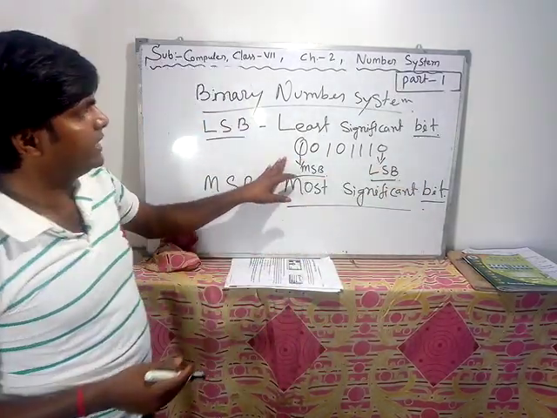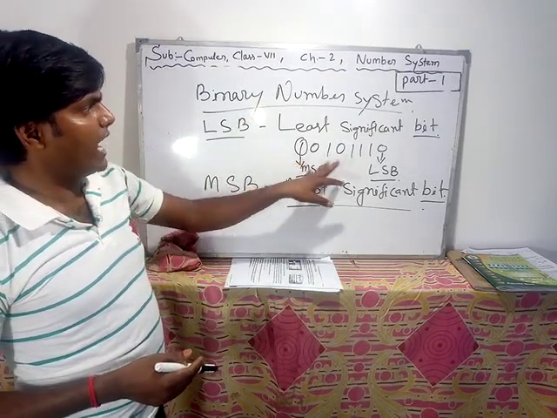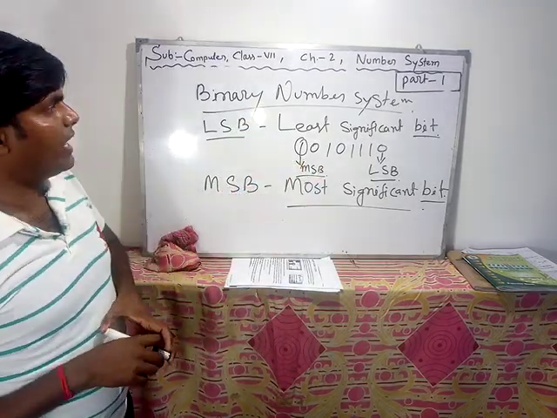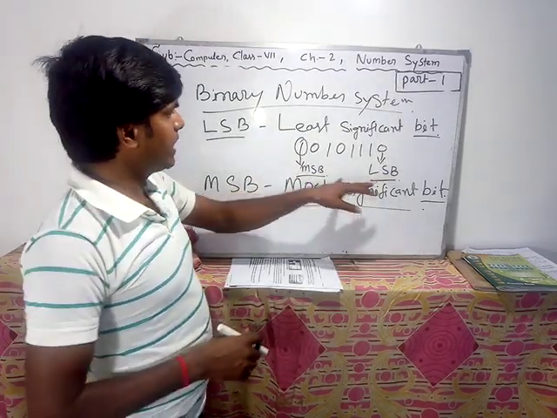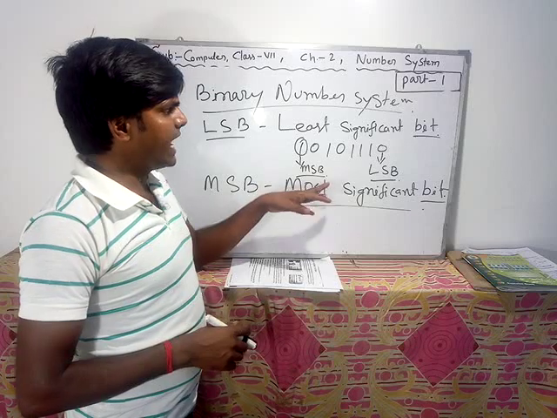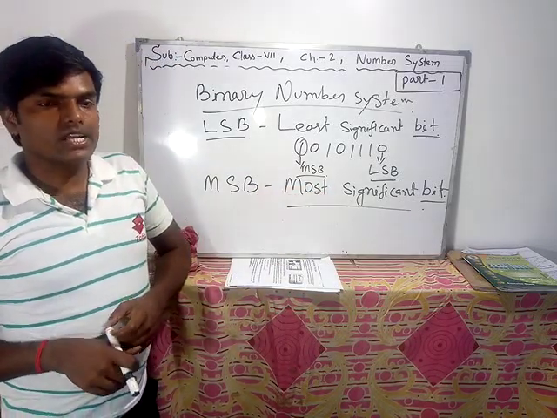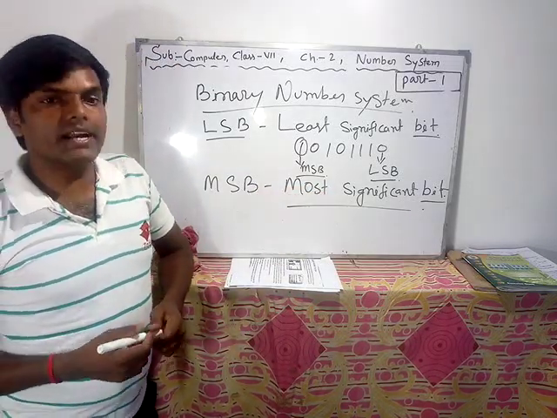In the binary system it is a bit, while in the decimal number system it is a digit, because in binary the computer understands only 0 and 1. That's why it is a bit. So MSB and LSB. Clear? I hope all the students understand.